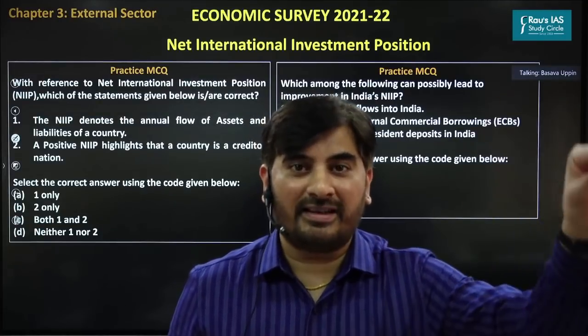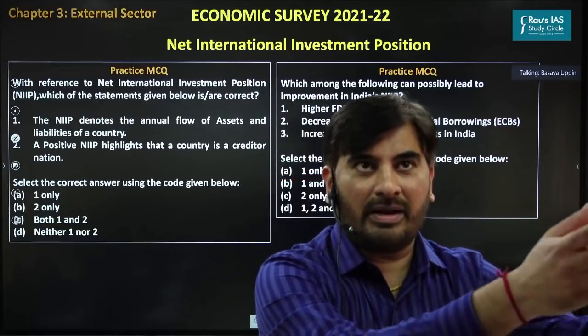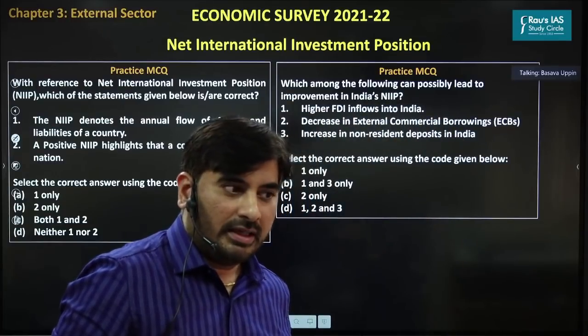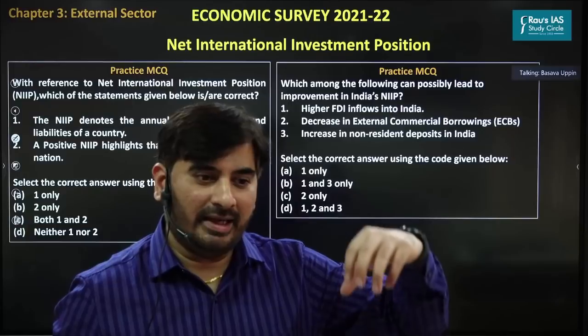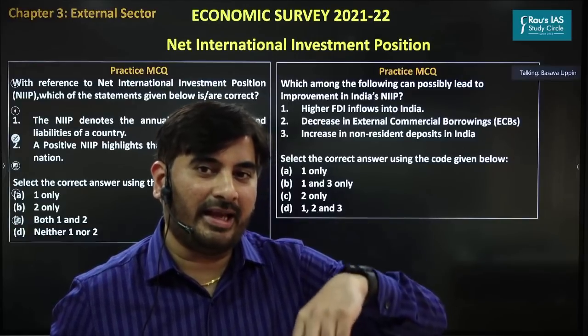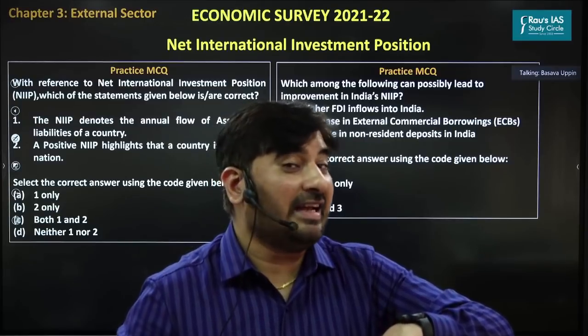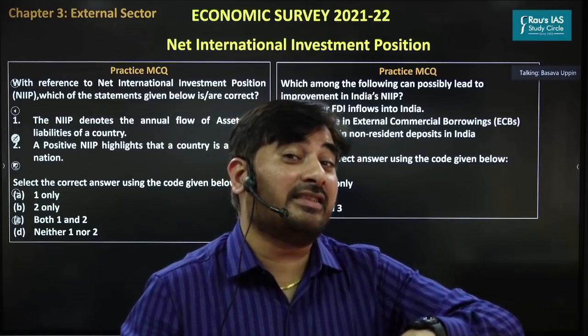They become our external assets when we are making investment in other countries. Similarly, a foreign company is coming into India and investing in the form of FDI and FPI. Now, what do they become for us? Can I say that they will become our external liabilities?